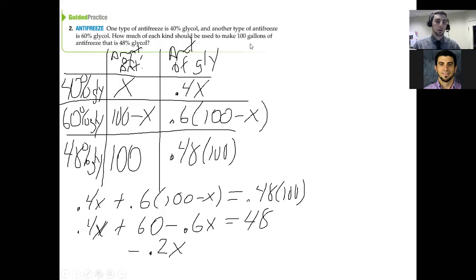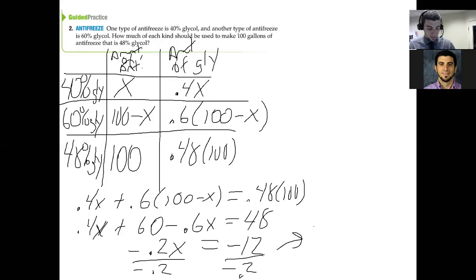But notice that you also have to subtract 60 to the other side, which would make it negative 12. So as long as your answer doesn't come out negative, you should be okay. Because here, when you do the last step, you divide both sides by negative 0.2. So that means that X equals 60.